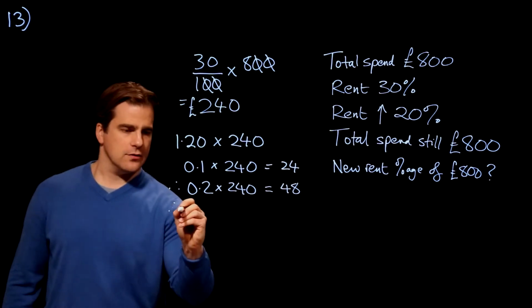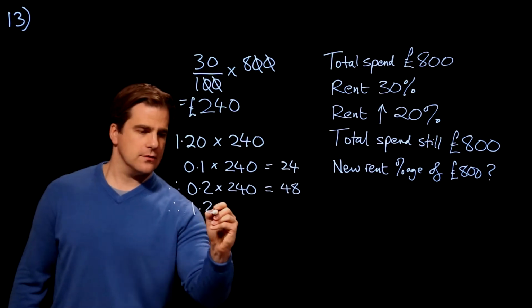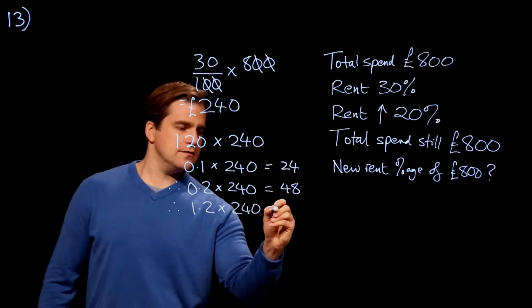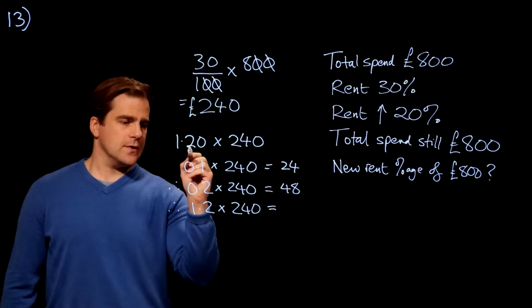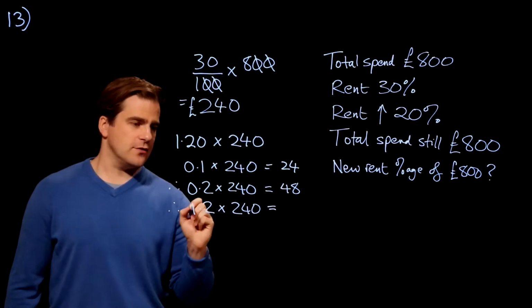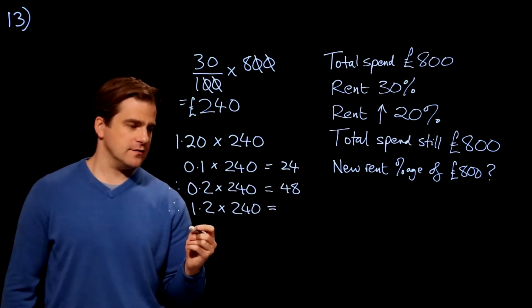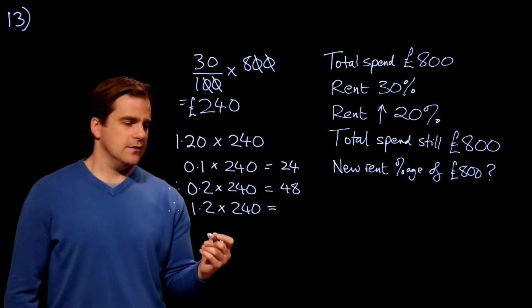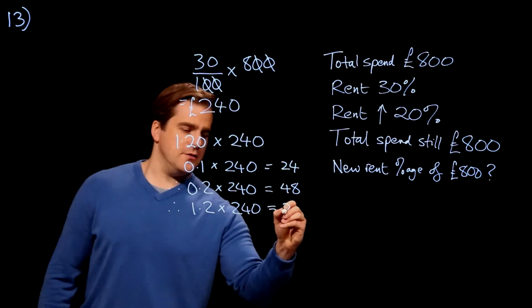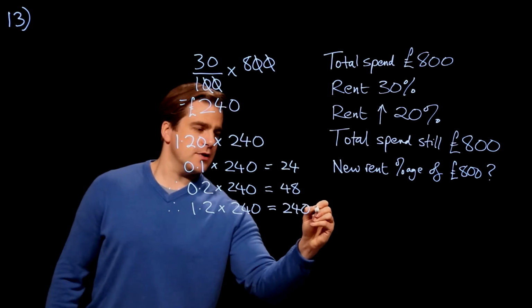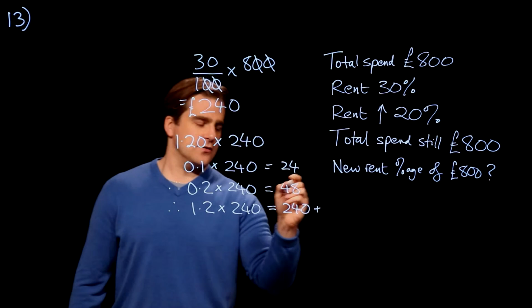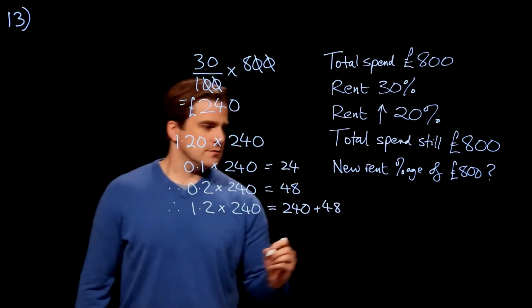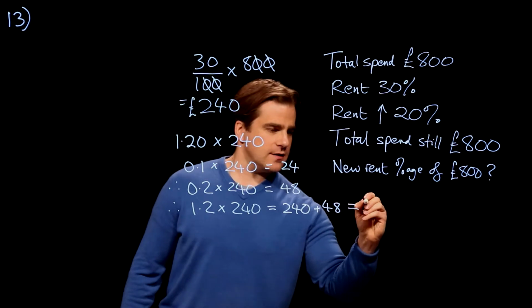So therefore, 1.2 of 240 is 0.2 of 240, 48, plus 1 of 240, so 240. So it's 240 plus 48, which is 288.